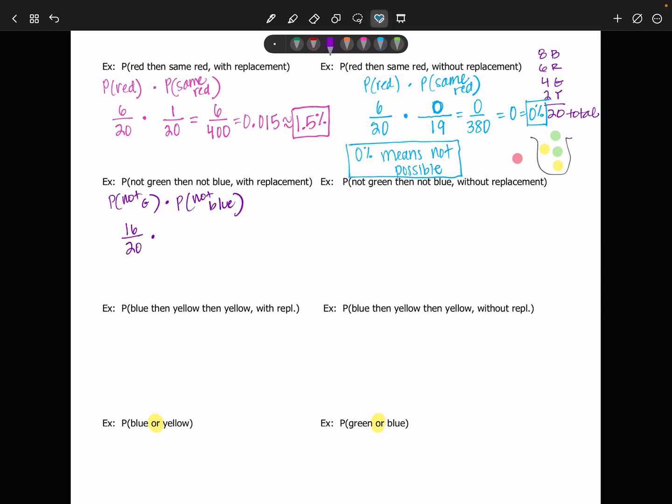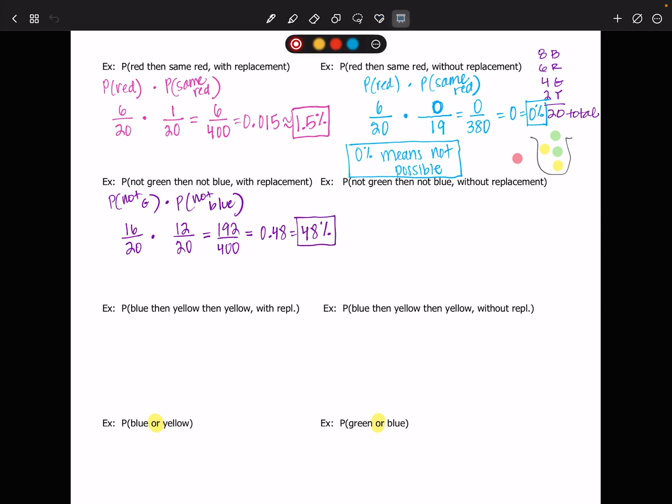I put it back in, and then not blue, there's 12 that are not blue out of 20. 16 times 12 over 20 times 20 is 192 over 400, and that is equal to 0.48, which is 48%.